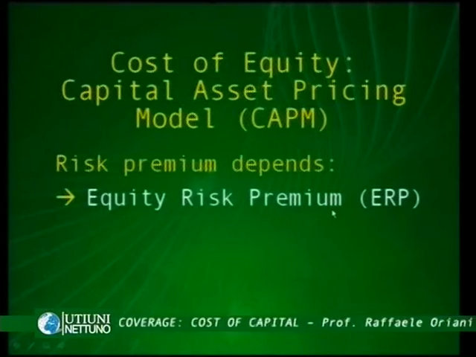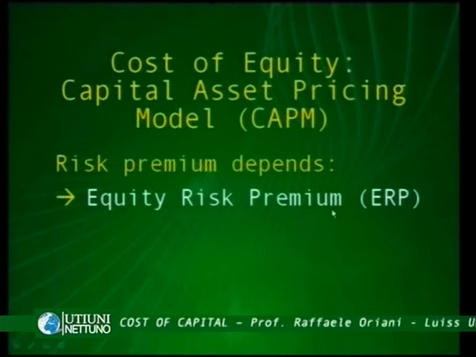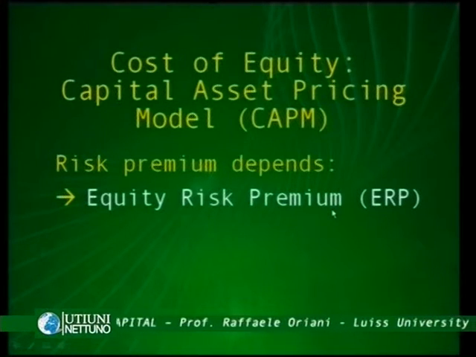There are several different models that have been developed in the literature of finance and that have been implemented in professional practice. But the most used one and the most known model in the professional world is defined as the Capital Asset Pricing Model, or CAPM.